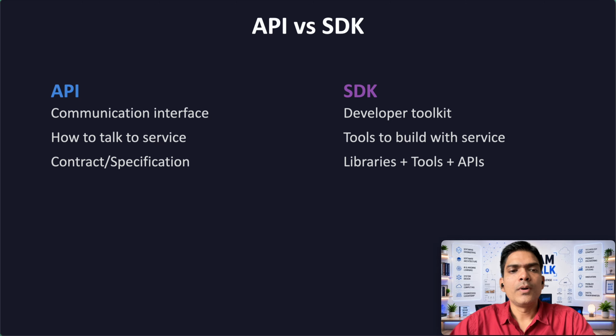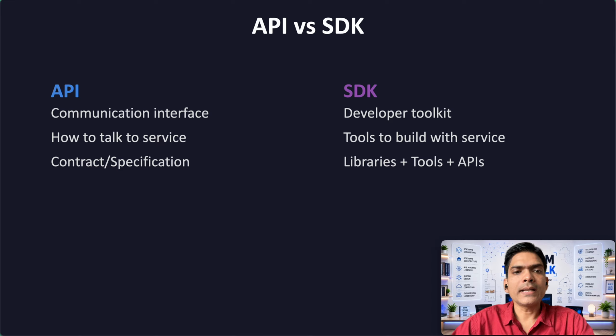So what's the key difference between the API and SDK? Think about an API as a communication interface. We use it to talk to a service. An SDK is more like a developer tool. It gives us ready-made components that can simplify that communication.